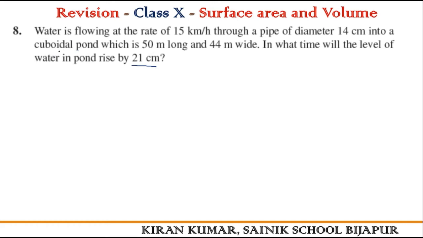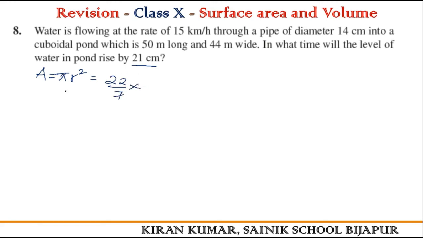Here, area of the cross section of the pipe I'll consider as A. This will be pi r square because it's a circular pipe. Pi value is 22/7 into the radius.